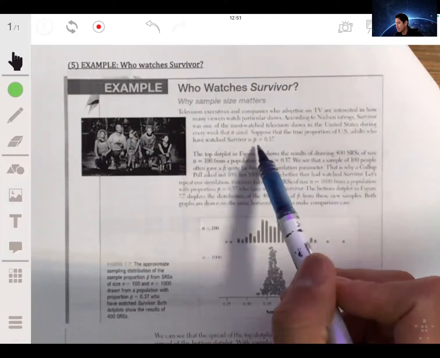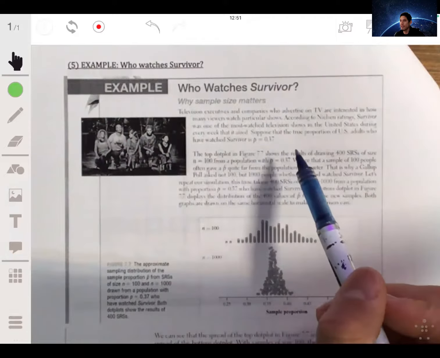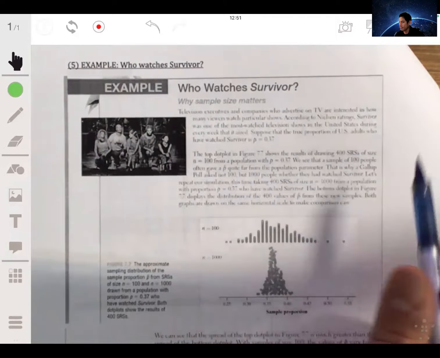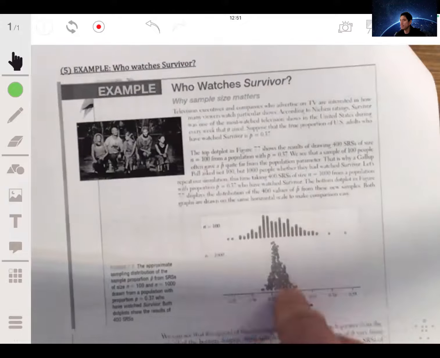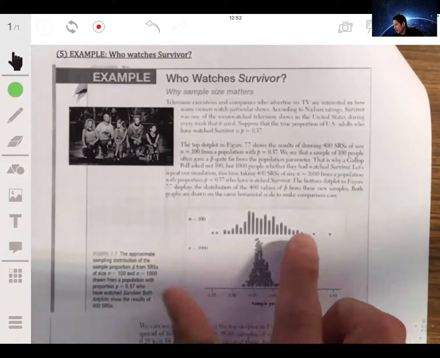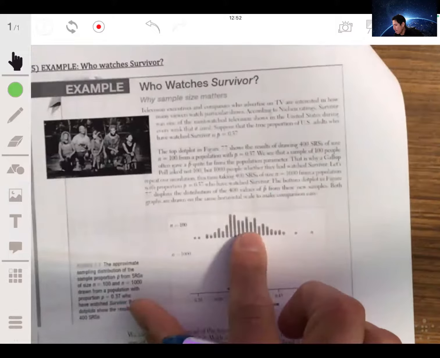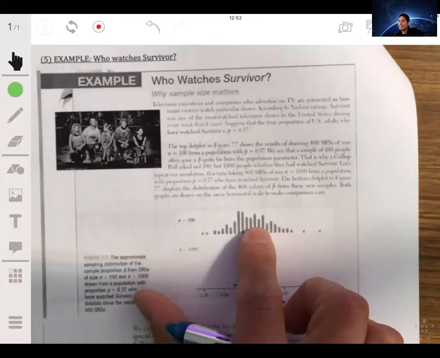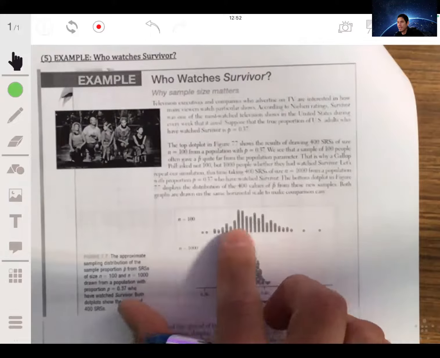So let's say the true proportion was 0.37. Here are two different sampling distributions that they use to estimate this. On top, they took samples of size 100.